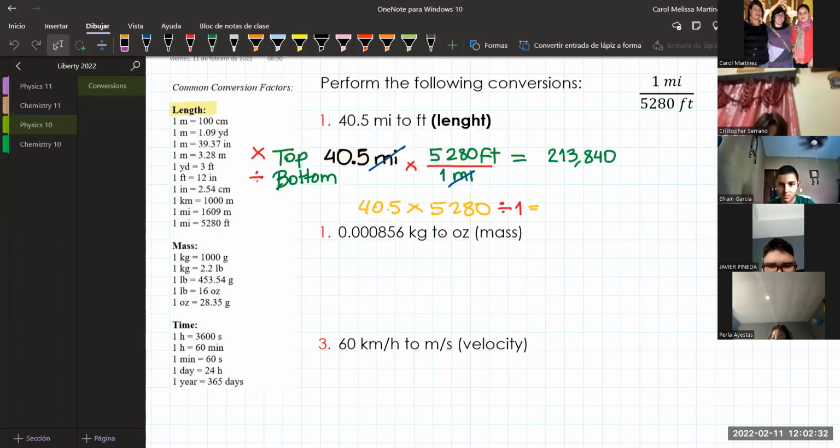In this case, I didn't get rid of feet, so I'm going to write feet. Since this is my final answer, I put it in a box.